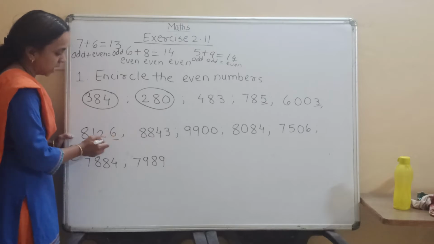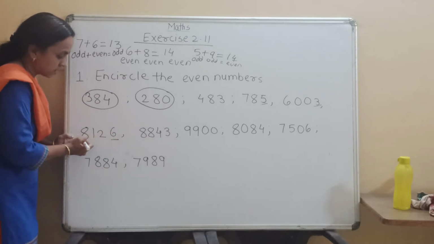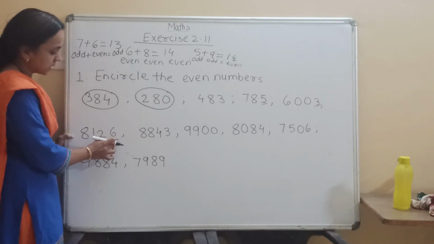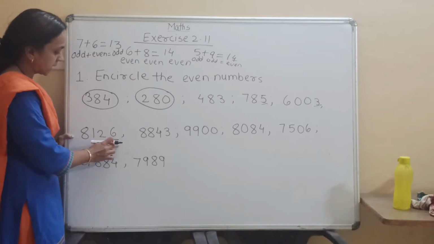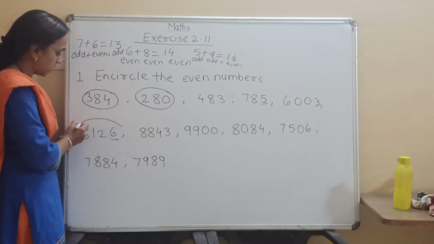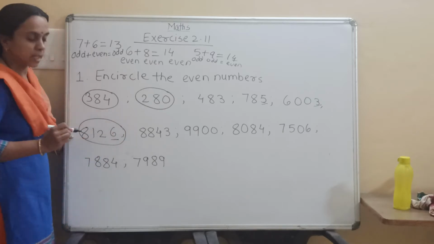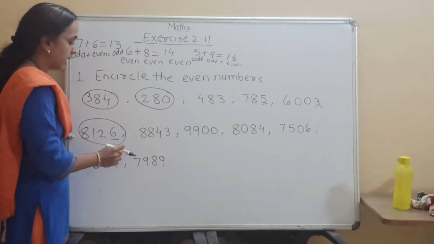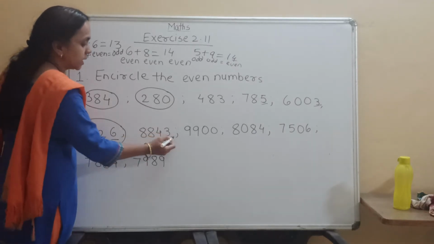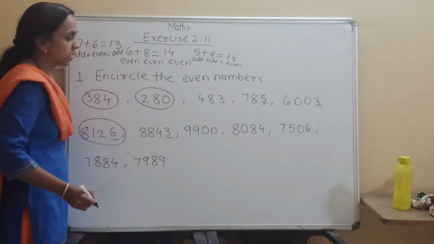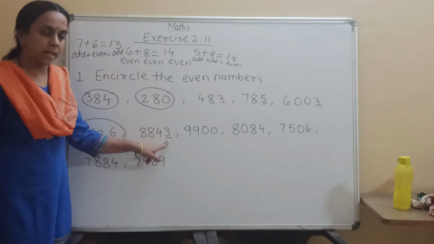Then 8126. Now see, this number ends with a last digit that is even. 8126. So this is an even number. So we have to circle this number. Then 8843. So this is again ending with the digit 3. 3 is an odd number.